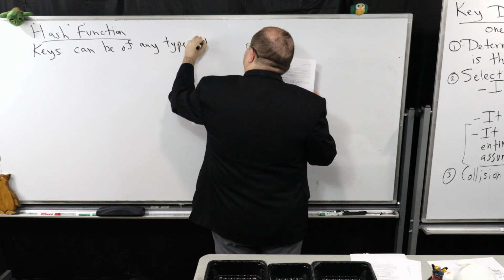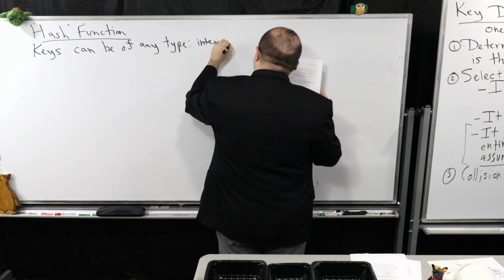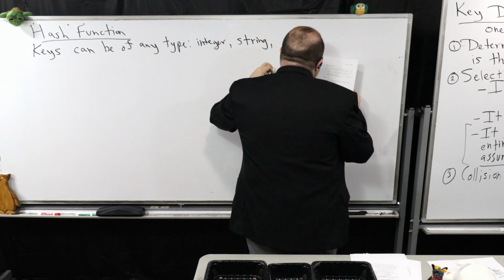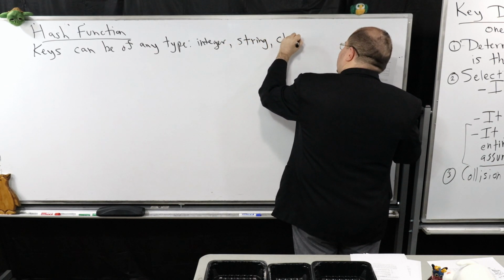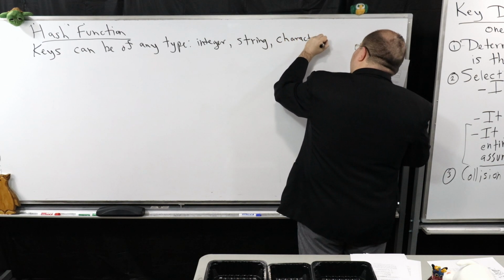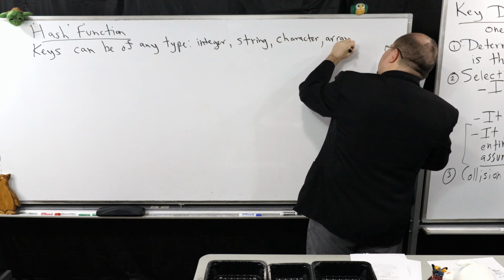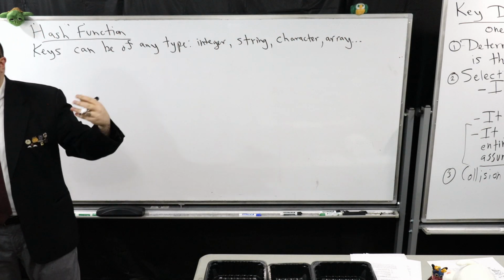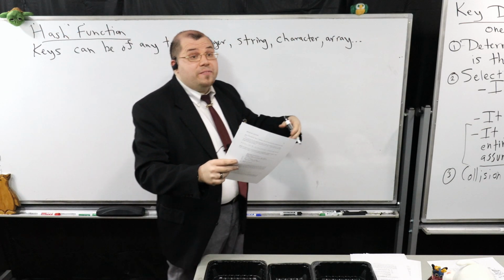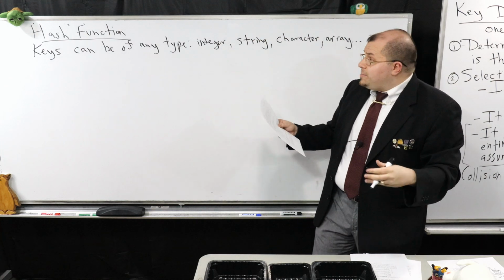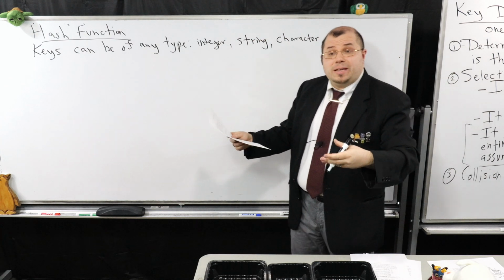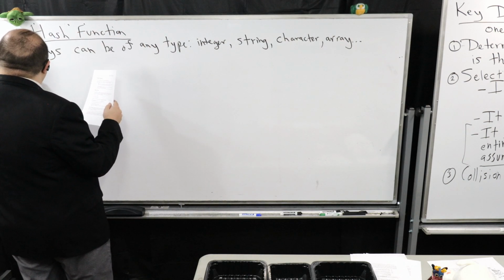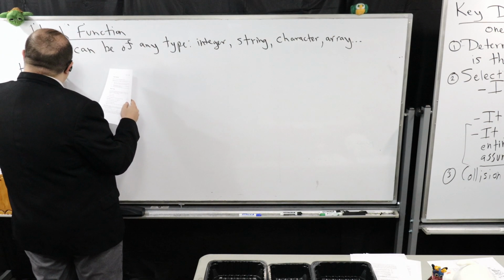They could be integers, a string, a character, or an array, for example. So the concept of a key, like in our dictionaries, can be fairly broad, and the same in the case of hash functions, we can make them quite flexible. So let's define what a hash function is together.